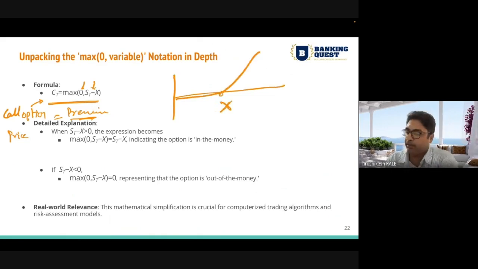This is X. What if ST is here today? So ST is here. So basically, your payoff will be 0 because ST is less than X.